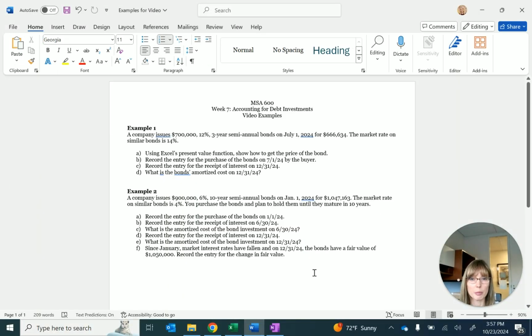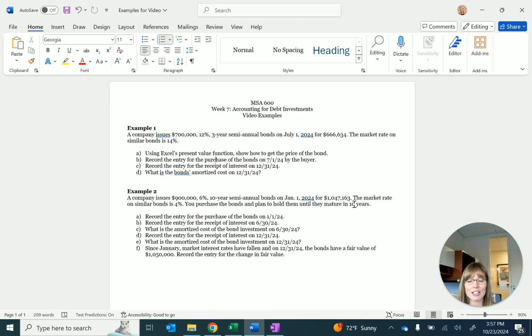Example 2, a company issues 900,000 6% 10-year semi-annual bonds on January 1st, 2024, and they get 1,047,163. The market rate is 4%. All right, so the market's offering 4%. These bonds are offering 6%. Do we want more money or do we want less money?